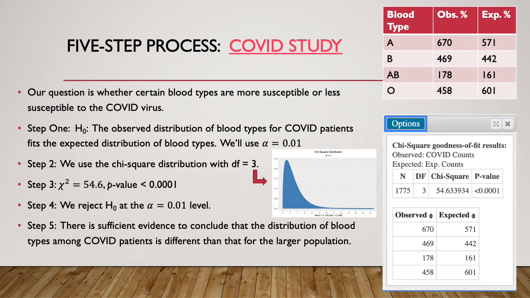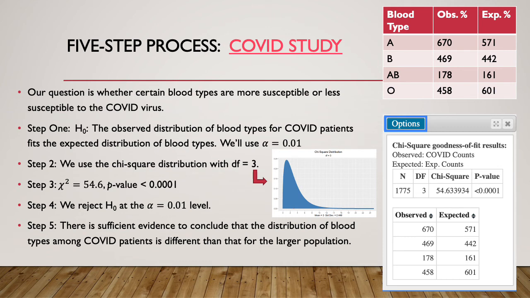And we'll go ahead and set a level of significance for this one of 0.01. The alternative hypothesis I don't have written here, but you would basically just change this to a do not. The observed distribution of blood types for COVID patients does not fit the expected distribution of blood types. That'd be your alternative hypothesis.